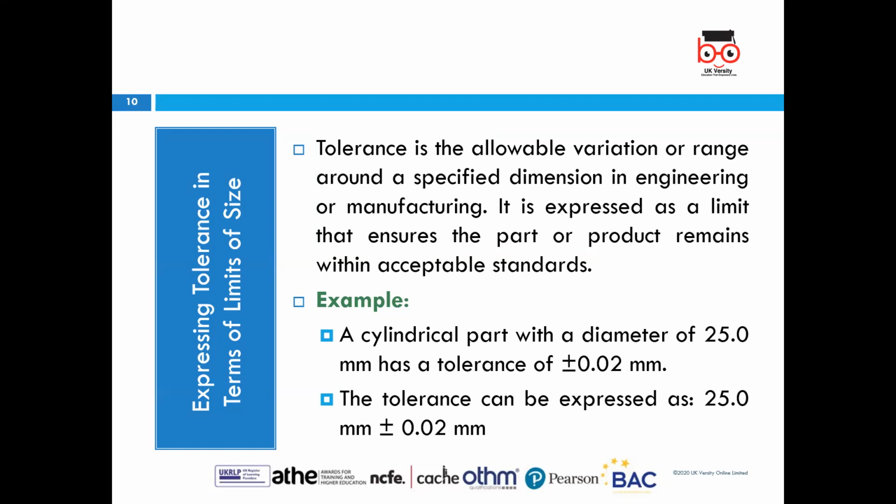For example, a cylindrical part with a diameter of 25 mm has a tolerance of plus or minus 0.02 mm. So the maximum permitted is 25.02 mm and the minimum is 24.98 mm. That is the range of the tolerance. That is how you express tolerance in terms of limits of size or the acceptable standards.